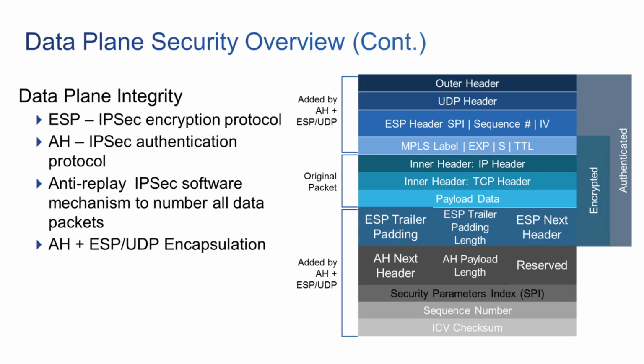Now, as we mentioned, the second component that contributes to the data packet integrity is AH. That is our authentication protocol that's built into IPSec, which protects all fields in the data packet with authentication. AH is going to perform a checksum process similar to that done by ESP, except that instead of calculating the checksum over just the payload and the inner IP header fields, it calculates it over all of the fields in the packet.